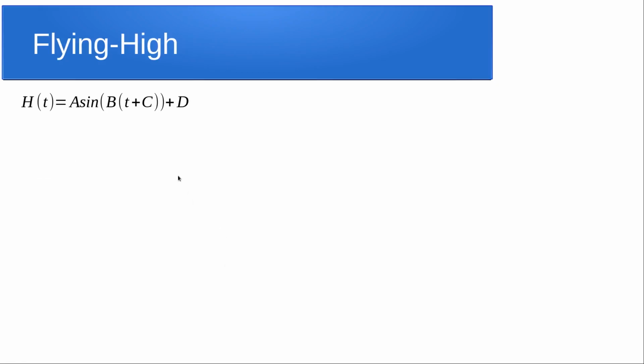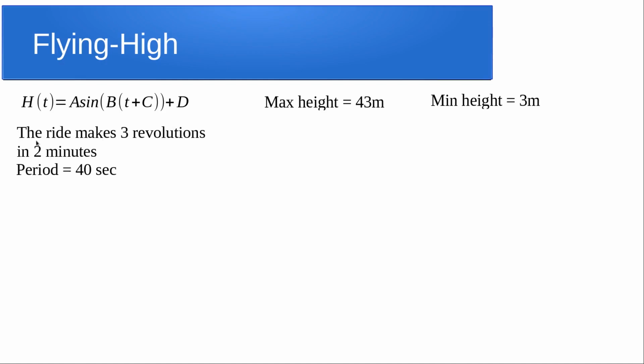Okay, so let's find the formula for flying high. The technique is going to be exactly the same. I've just changed it to a capital H so that we can tell the difference between the two. So we know the max height, we know the min height. This time we know that a ride makes 3 revolutions in 2 minutes, or 3 revolutions in 120 seconds, which means it makes 1 revolution in 40 seconds, so the period is 40 seconds.